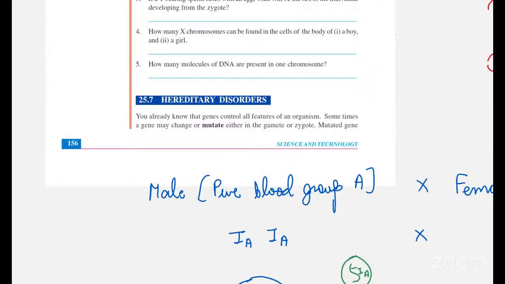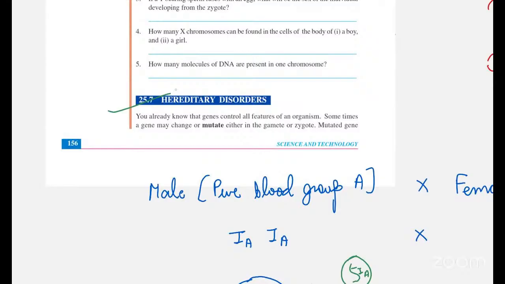Yeah, perfect. Okay. So now hereditary disorder. What is a hereditary disorder? A hereditary disorder means any disorder which is passed from parent and is not from any environmental issue. For example, during gamete formation, DNA copying happens.